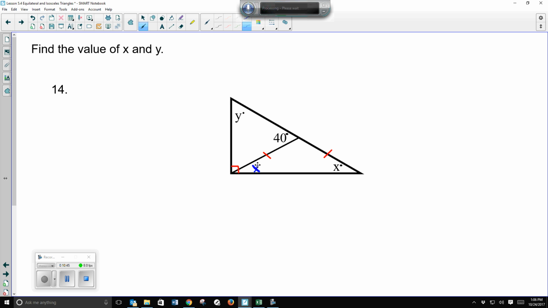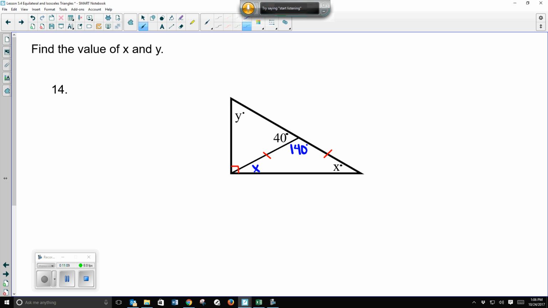Because I have an isosceles triangle. So this is the vertex angle, which makes a linear pair with the angle that's 40 degrees. So I can find the measure of the vertex angle, which will allow me to find the measure of the other two angles. So the vertex angle is, I think someone already said, 140.